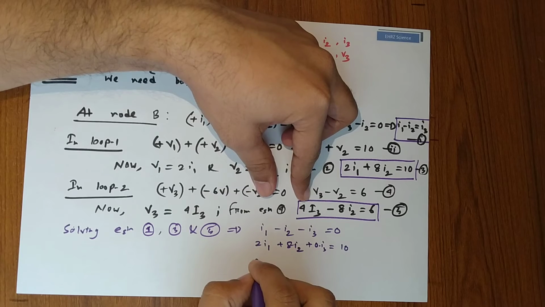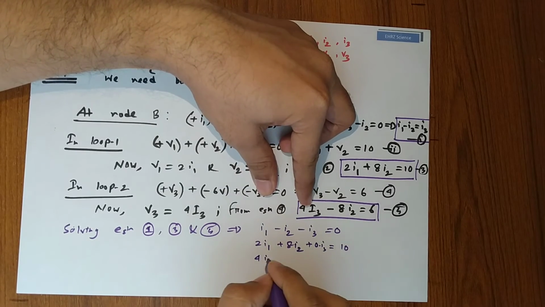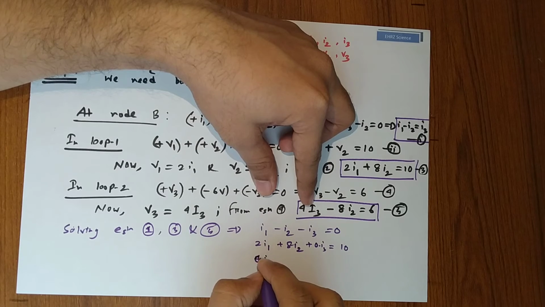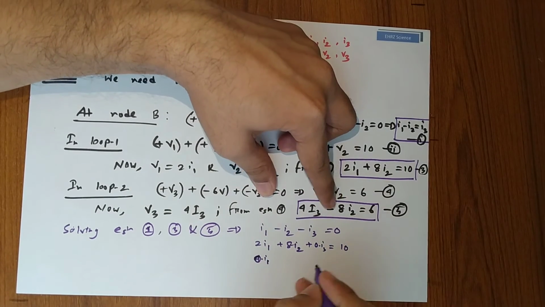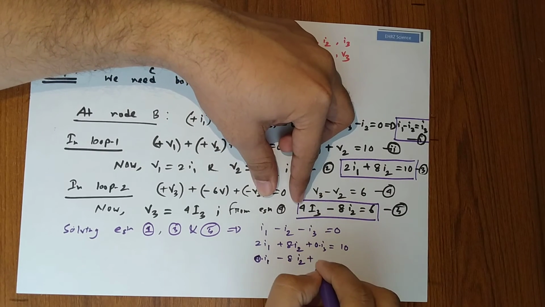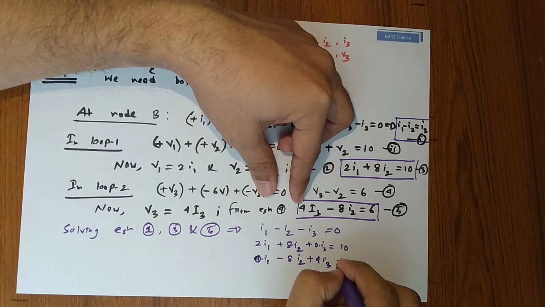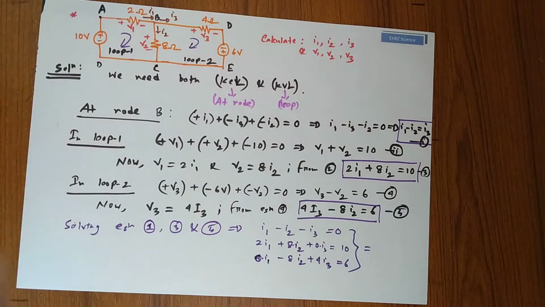In this equation, there is no I1, so we can write 0 times I1 minus 8 times I2 plus 4 times I3 is equal to 6. So solving these three equations, what do we get?